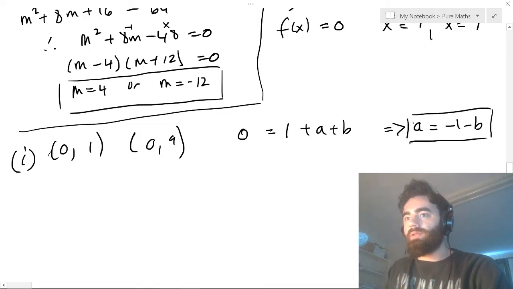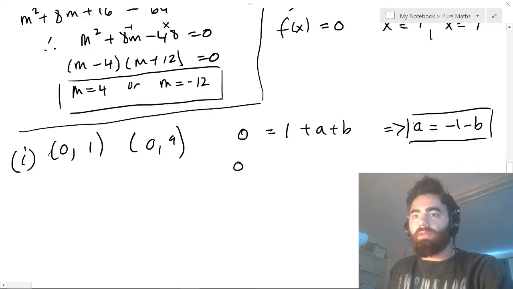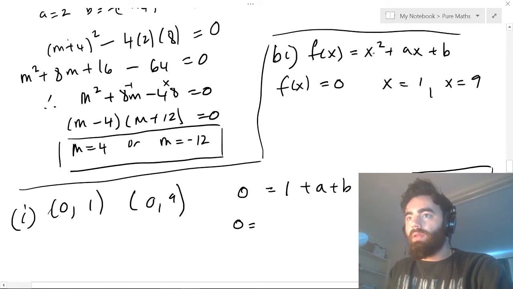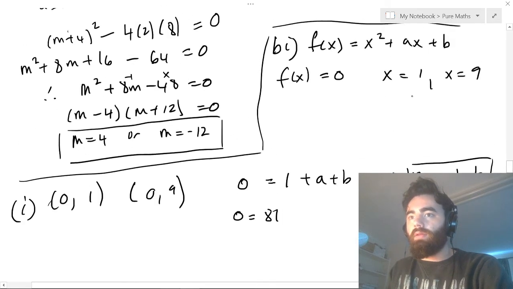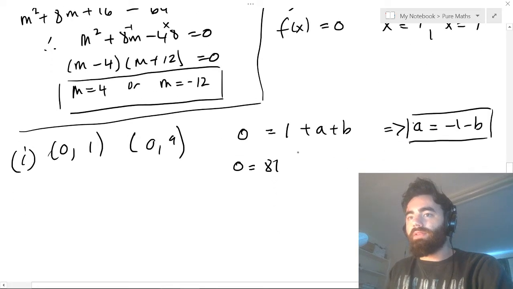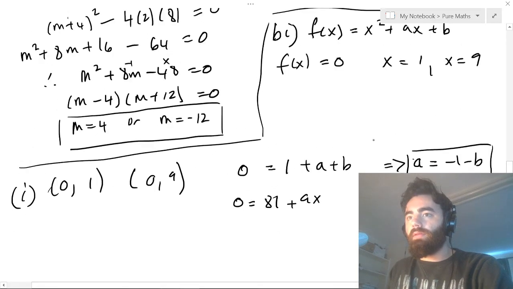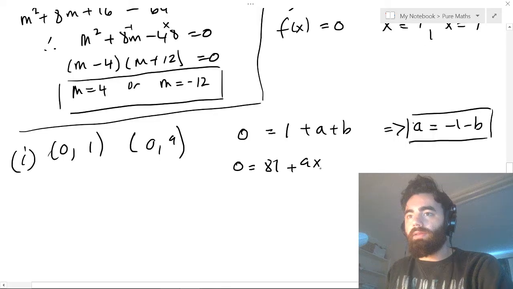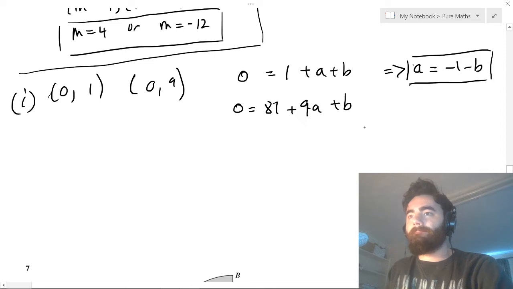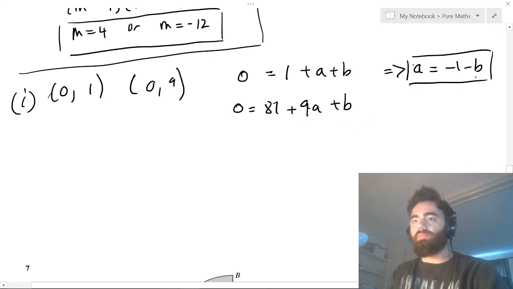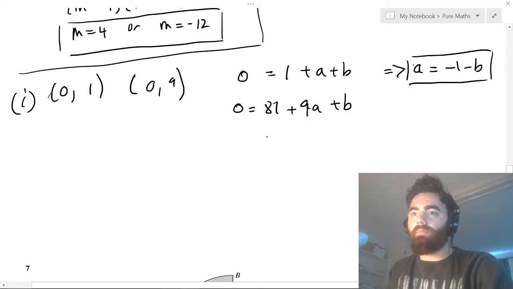So that's one equation. And then we also get 0 equals 9 squared is 81 plus 9a, sorry, 9a plus b. Yeah? So then we can work out, if we just plug in our a into this, we can then work out our b.